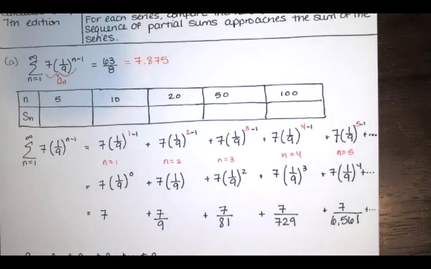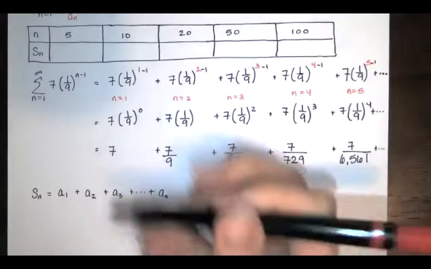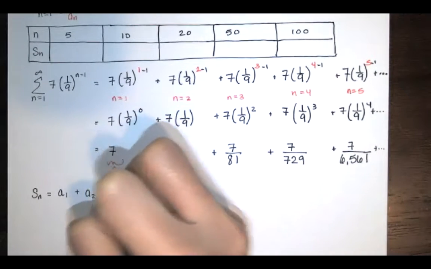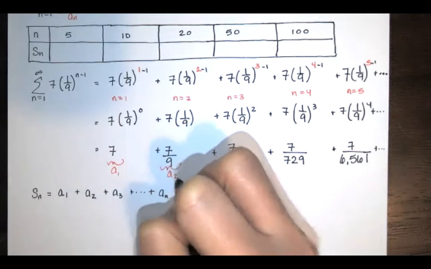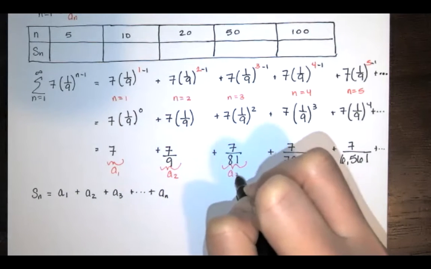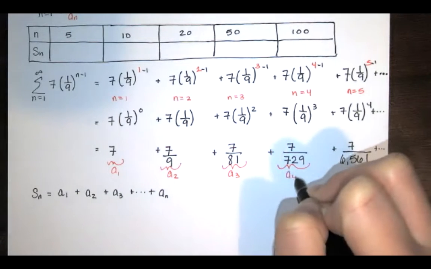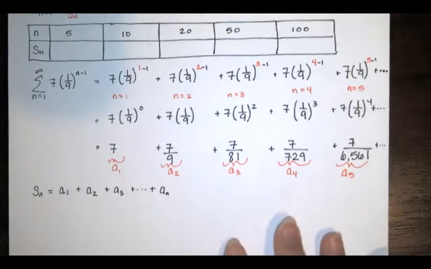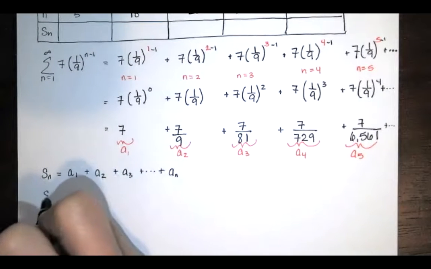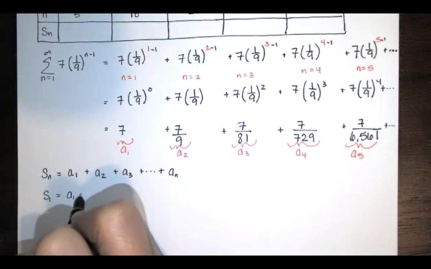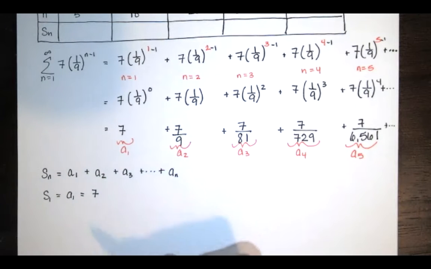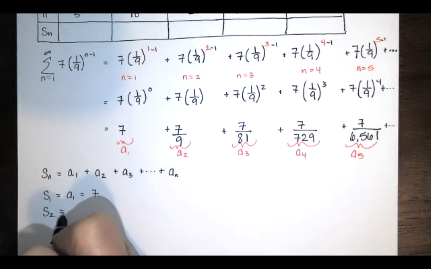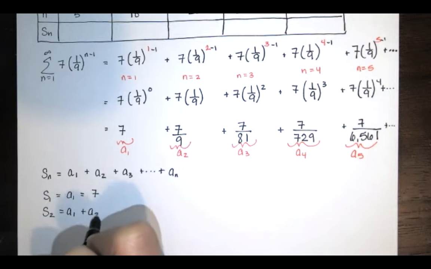That's a sub n. So in our case, this is a sub 1, this is a sub 2, this is a sub 3, this is a sub 4, and this is a sub 5. So if I wanted to, I could write out the first partial sum. That's just a sub 1. In this case, it's 7. The second partial sum is the sum of a sub 1 and a sub 2.